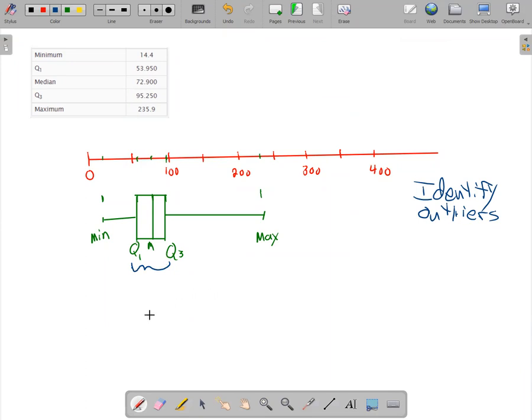That's pretty straightforward. We just take whatever the number for Q3 is and subtract Q1, okay? I just need to take the 95.25 and subtract the 53.95. I'm going to ask my calculator about that.